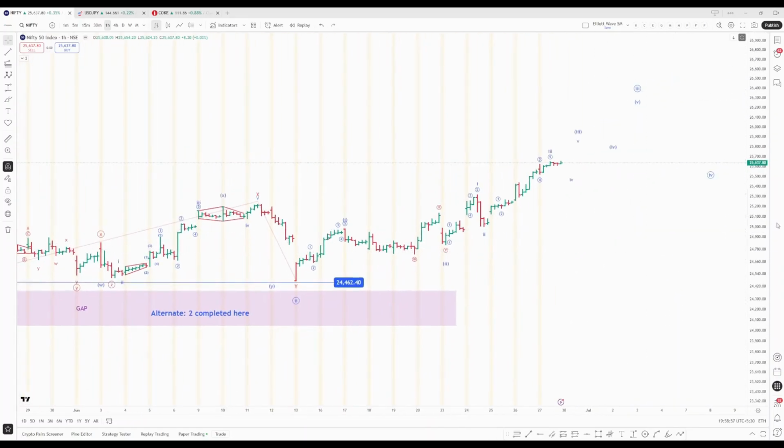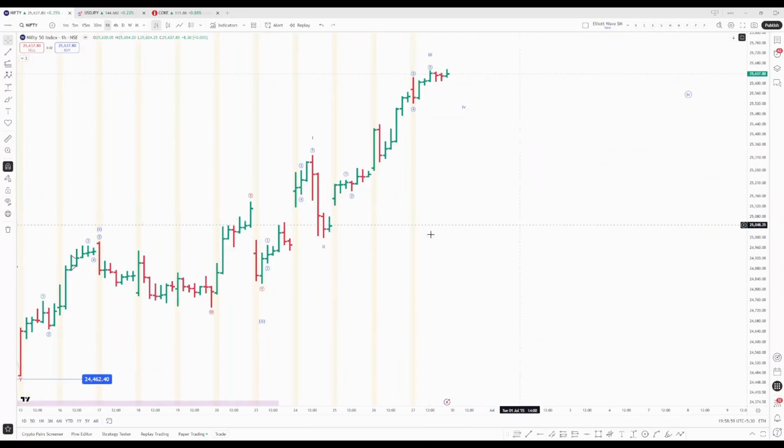Within that we can see we have done 1, 2, this is third, we can count 1, 2, 3, 4, 5, 6, 7, 8, 9. So this is basically an extended third. So this third was completed. So we are possibly in fourth, and it's possible that in a strong uptrend it could be very small.